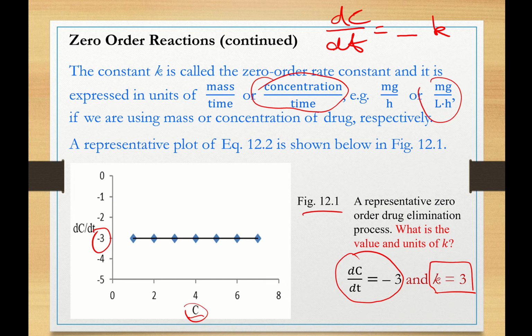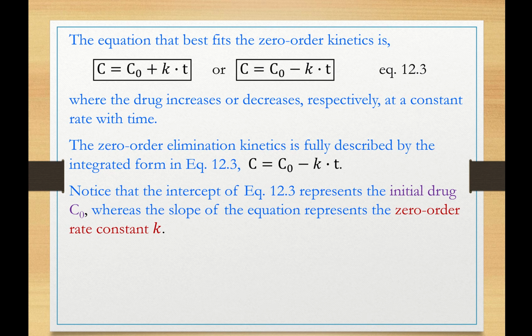Now, of course, from this differential rate law, I would like to be able to calculate or determine drug concentrations per unit time. So for that, we need the integrated form of these equations. And here we have the integrated form of the differential equation, right? So if it is an elimination process, the equation is C equals C0 minus kt.